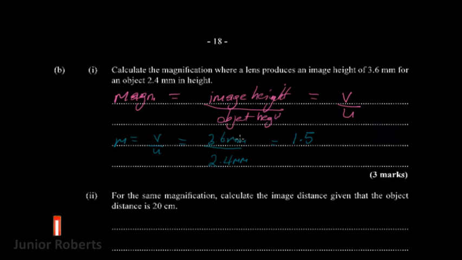Because we have millimeters here and millimeters here, these cancel, leaving our magnification with no units. So our magnification in this case would be 1.5.